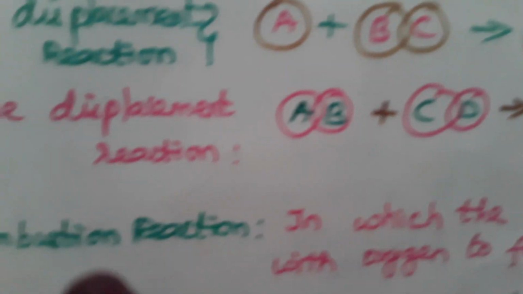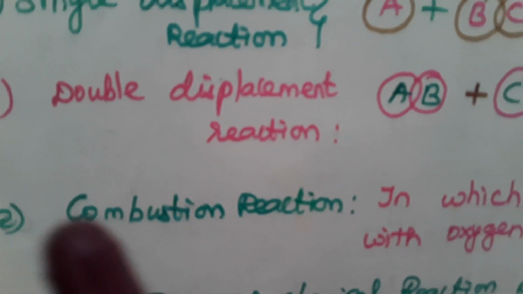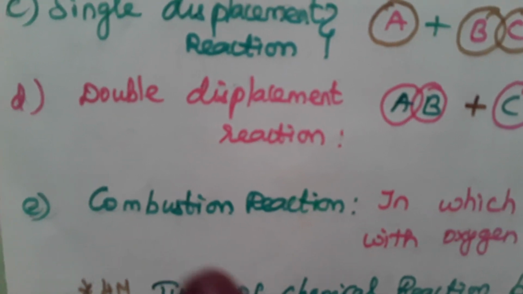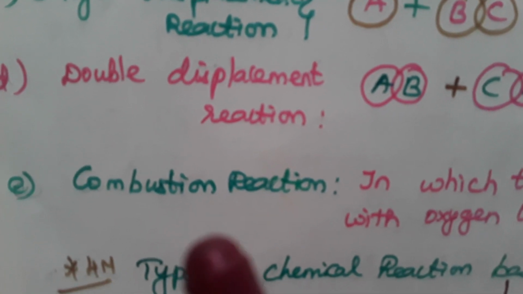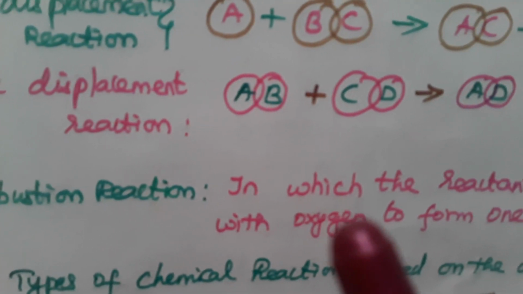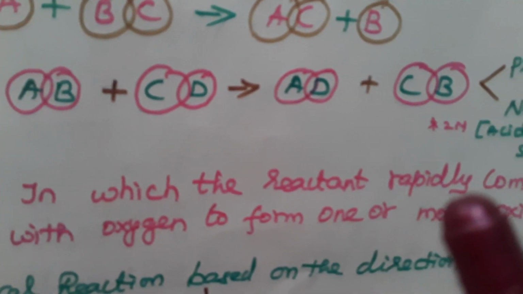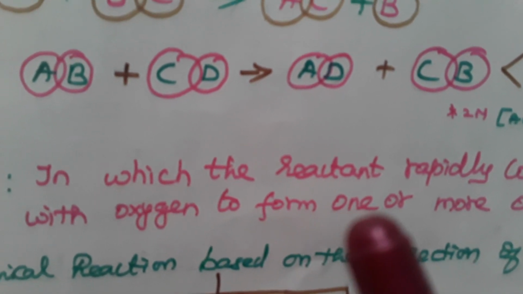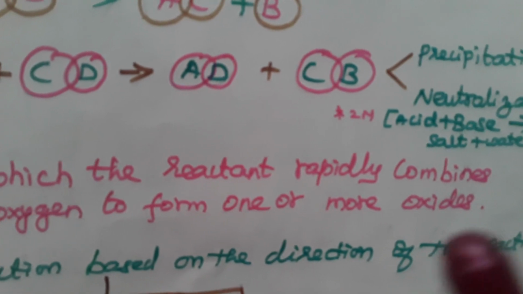Shall we move on to the next classification? Combustion reaction. We already learnt in our lower classes what combustion is. Combustion means burning. Now we will move on to the definition. A combustion reaction is one in which the reactants rapidly combine with oxygen to form one or more oxides.